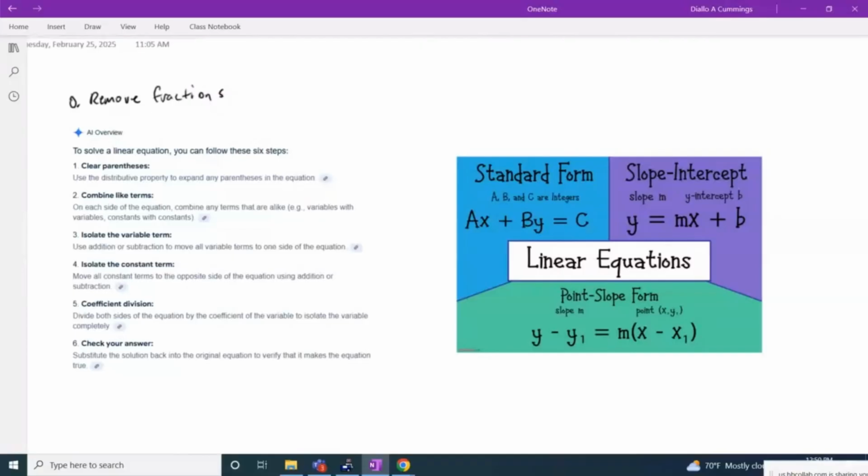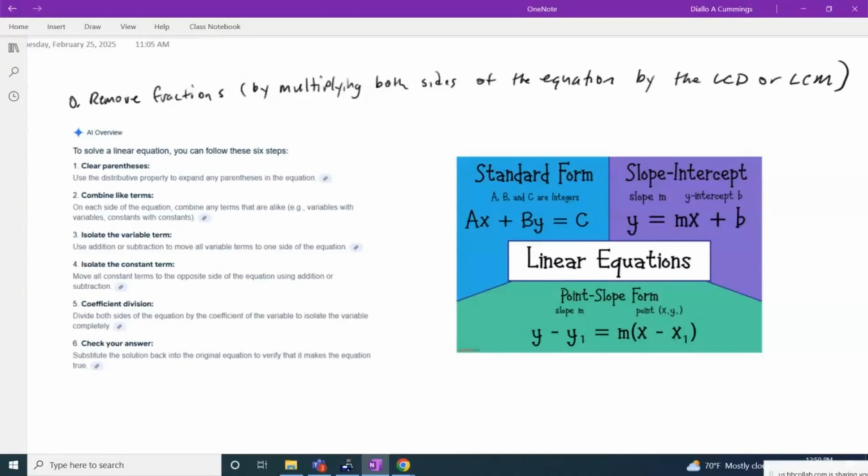So if you're encountering a linear equation that contains a fraction, the first thing you want to do is remove that fraction, and you remove it by multiplying both sides of the equation by the least common denominator or the least common multiple. And we're going to see an example of that. Okay, so that should be your first step if you have a fraction.